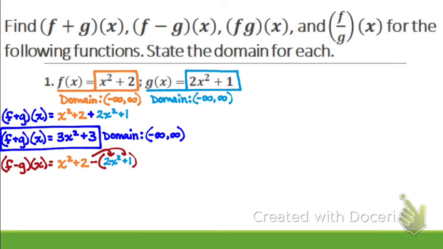Distribute my negative here. So I have x squared plus 2 minus 2x squared minus 1. So how will this simplify then? Negative x squared plus 1.